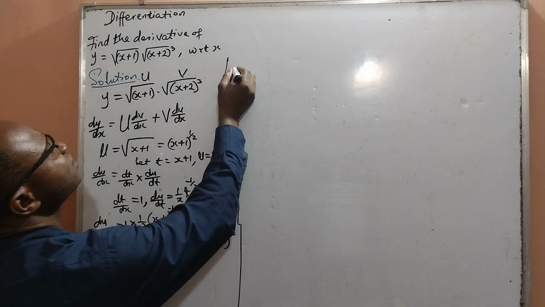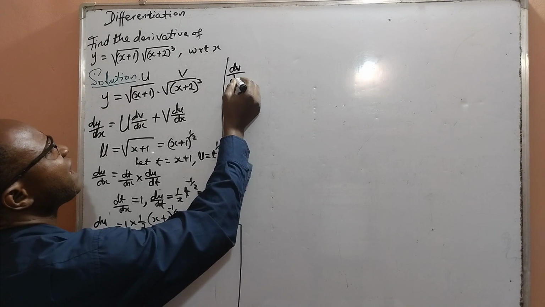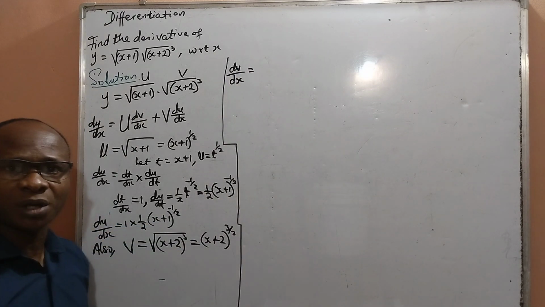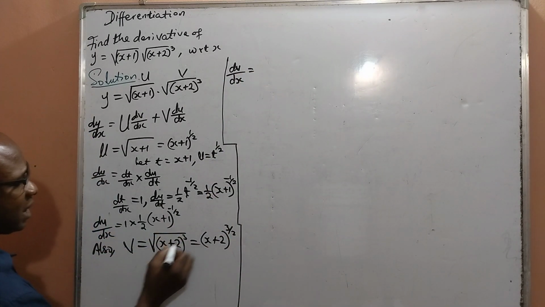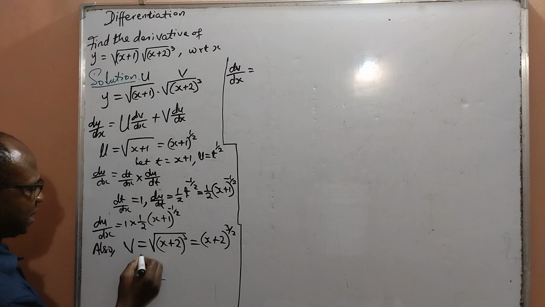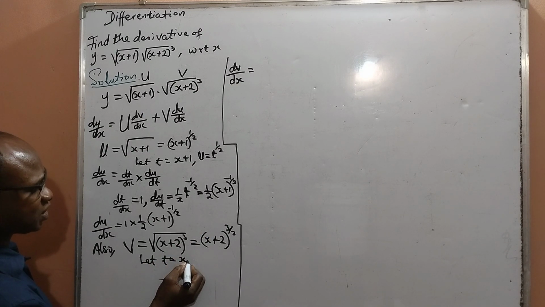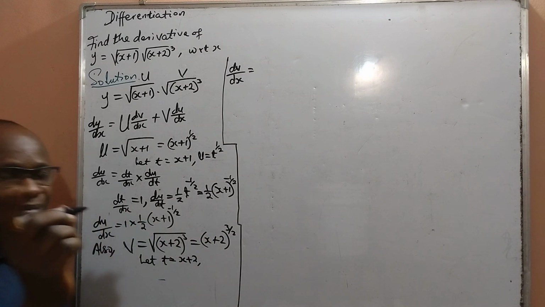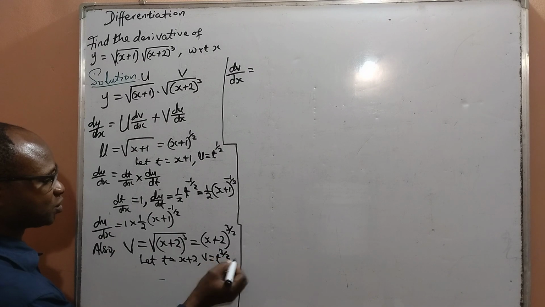So moving forward, dv/dx should be equal to, from here, let t be equal to x plus 2, meaning that v now will be equal to t raised to the power 3 over 2.